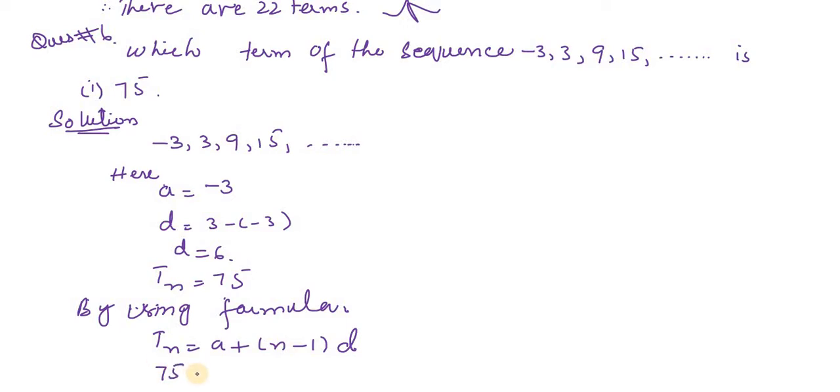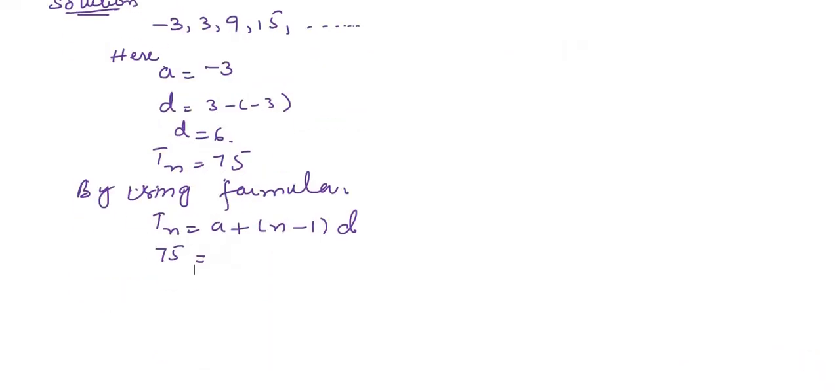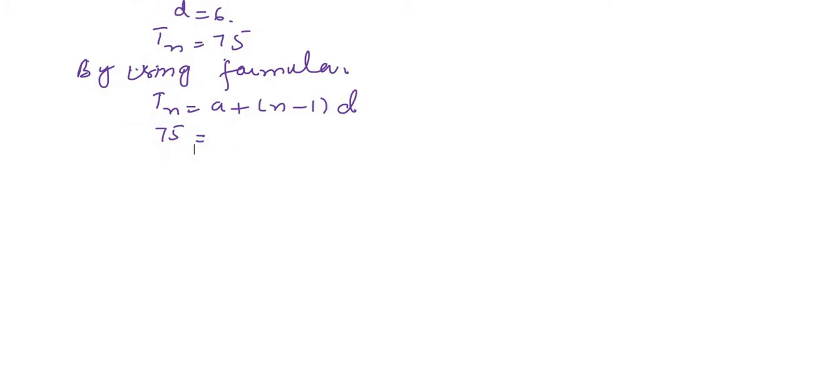Here Tn is 75. This question is like question number 5. A is -3 plus n minus 1 and D is 6.